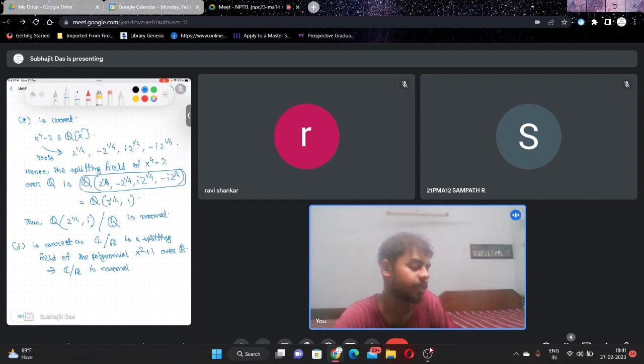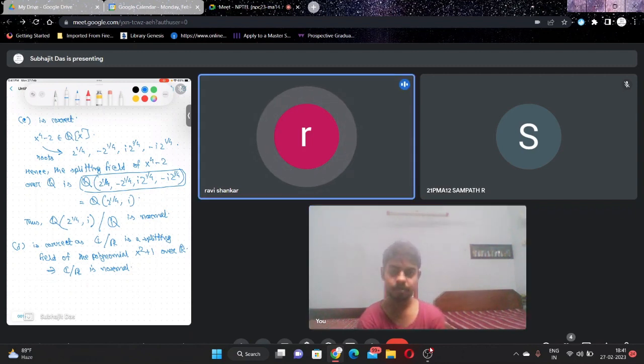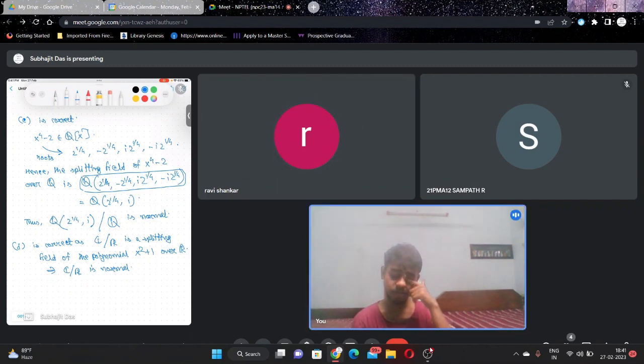And another way in which you can deduce this is again easy. You know that C is algebraically closed, right? C is an algebraically closed field, which means that every non-constant polynomial over C has a root in C. Now you take any irreducible polynomial over R. Assume that this irreducible polynomial has a root in C. Then this irreducible polynomial must have all its roots in C. Why?